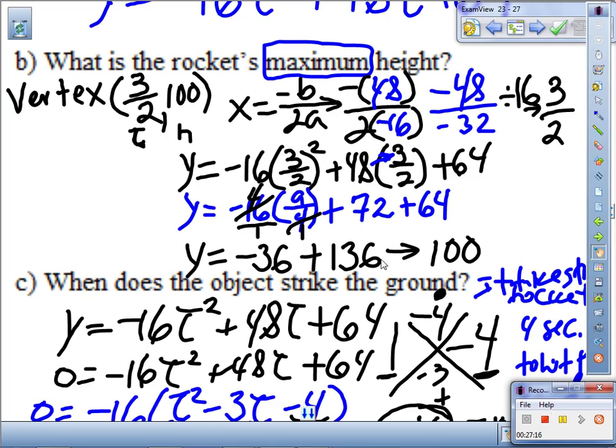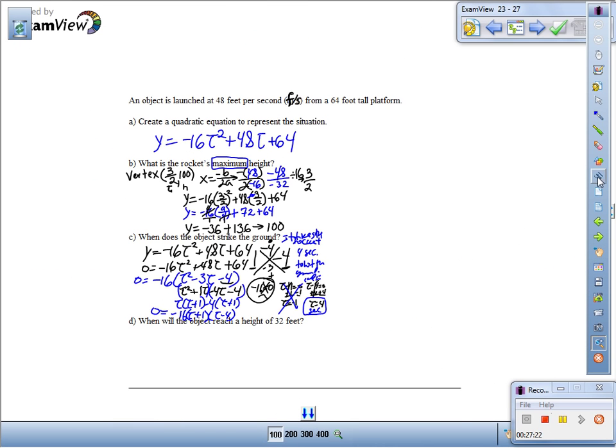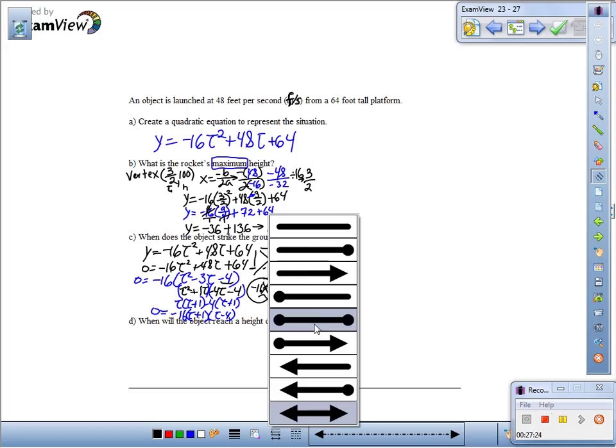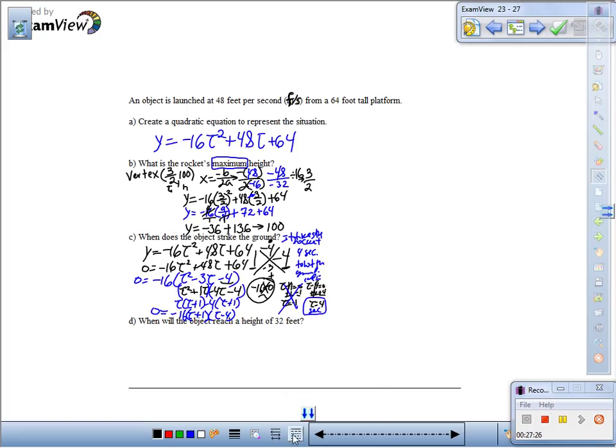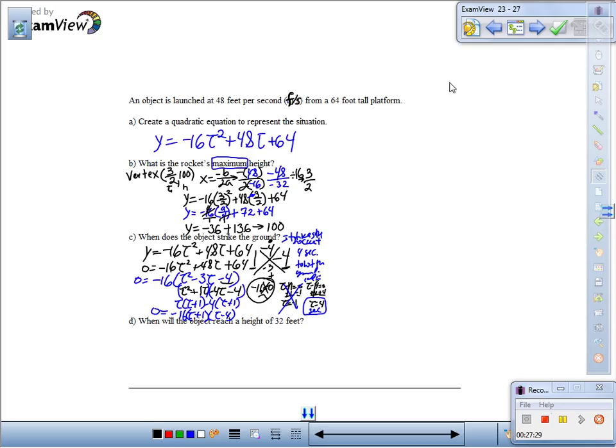So, let me illustrate this situation with a quick sketch. Here it goes. The rocket was launched from a platform which is 64 feet. Is that correct?